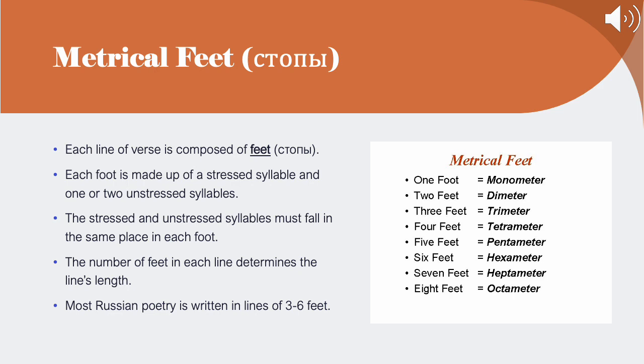So in modern Russian poetry, and they still write this way today, a lot of the time, each line of poetry will have a very specific rhythm or meter that will have a fixed and specific number of syllables. And then within that specific number of syllables, the stresses will fall in predetermined places within the line, so on specific syllables. And this is syllabotonic poetry.